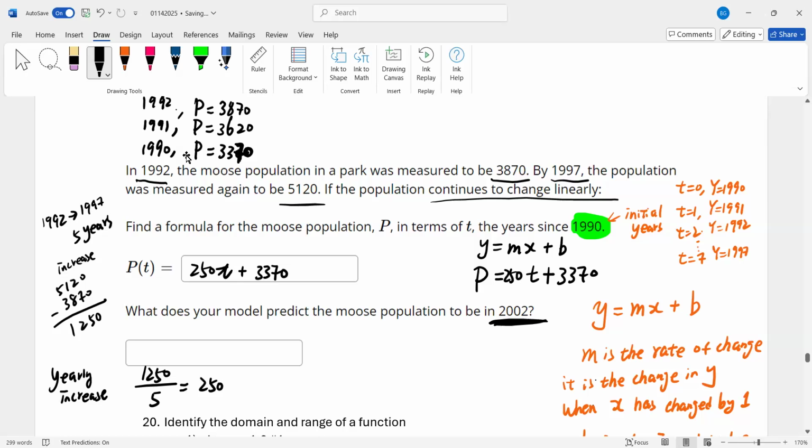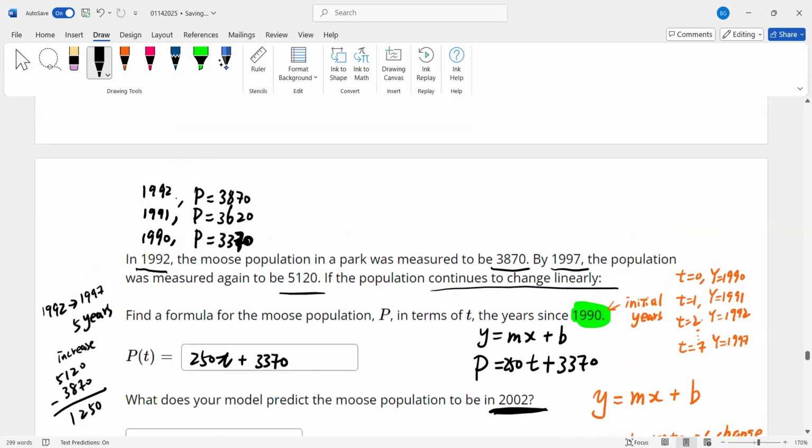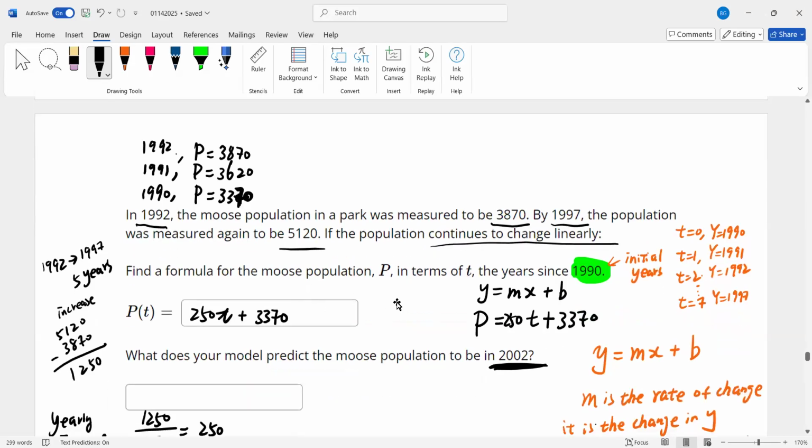Maybe some of you want to continue this way: the 1997 population is 5,120. Then in 1998, we have 250 more. Every year 250 more, so just add 250 every year until 2002. One way to do that is that.